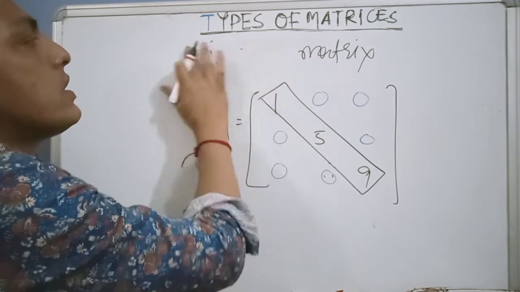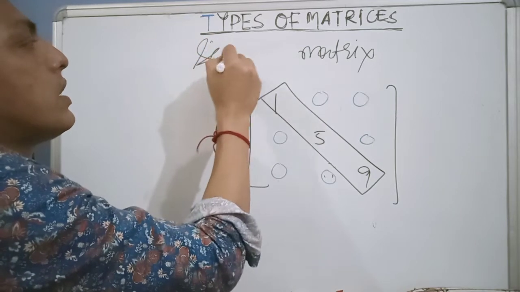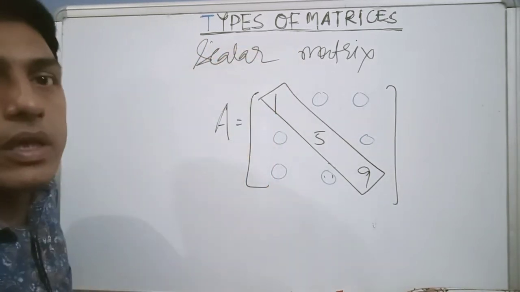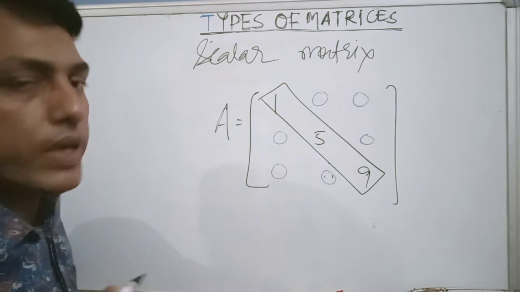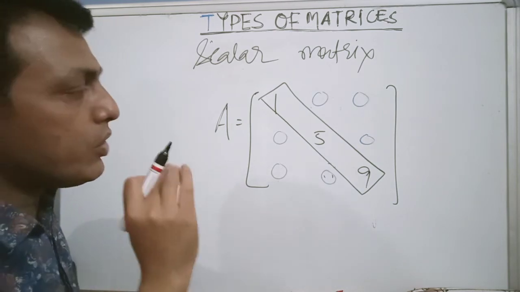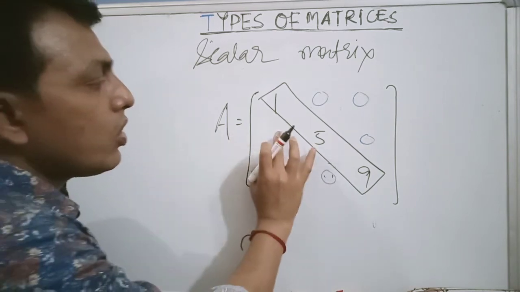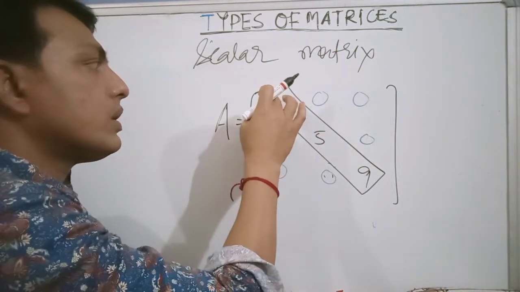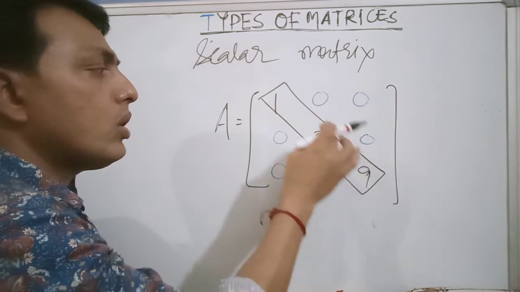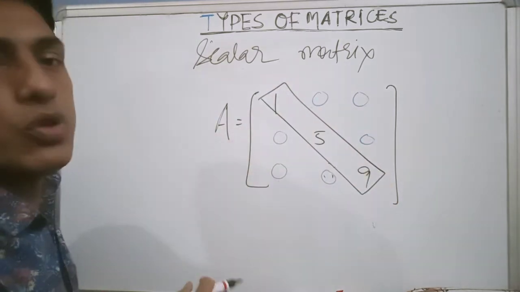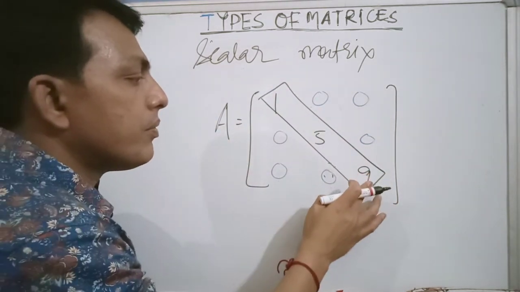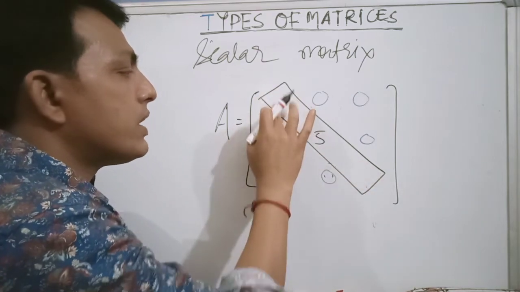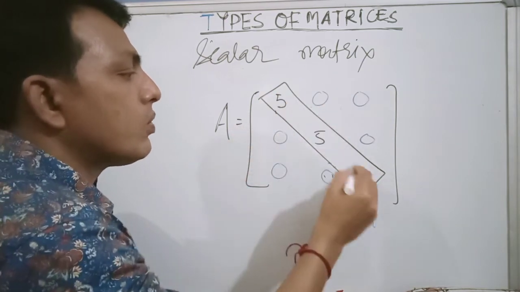Next is the scalar matrix. Same figure, do one thing. Non-diagonal elements should be 0 and all diagonal elements should be non-zero. But one more speciality: make them equal.